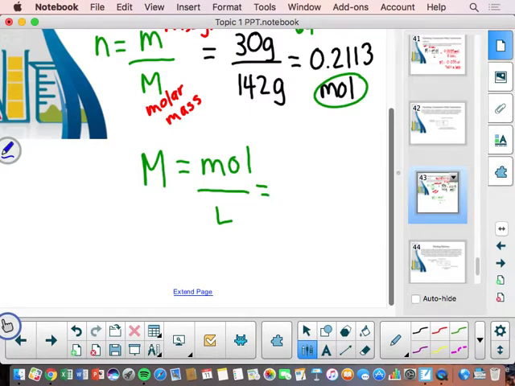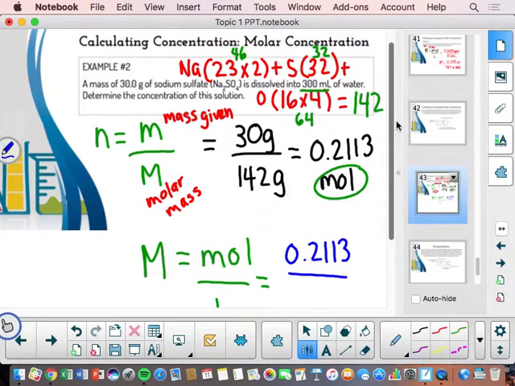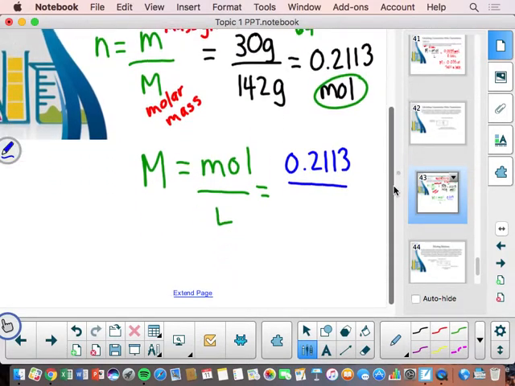Our moles are 0.2113 divided by our liters, which we go back to the question, it says 300 milliliters, which if we change that into liters, is 0.300 liters.